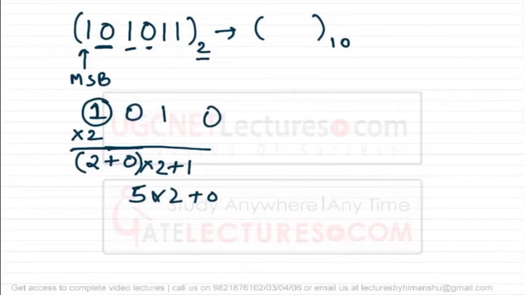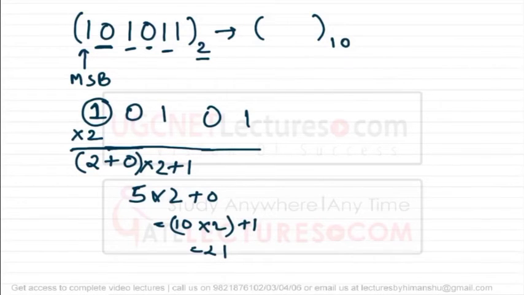Now I have appended 0. This becomes 10. Again now I have to append 1, 10 into 2 plus 1. This becomes 21. Okay. Now the last one is remaining. To append this, multiply this with 2 and add 1. What do you get? You get 43.